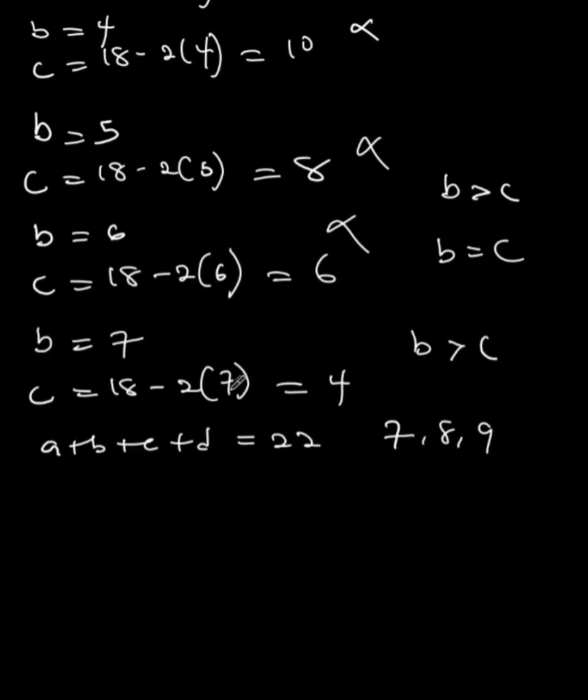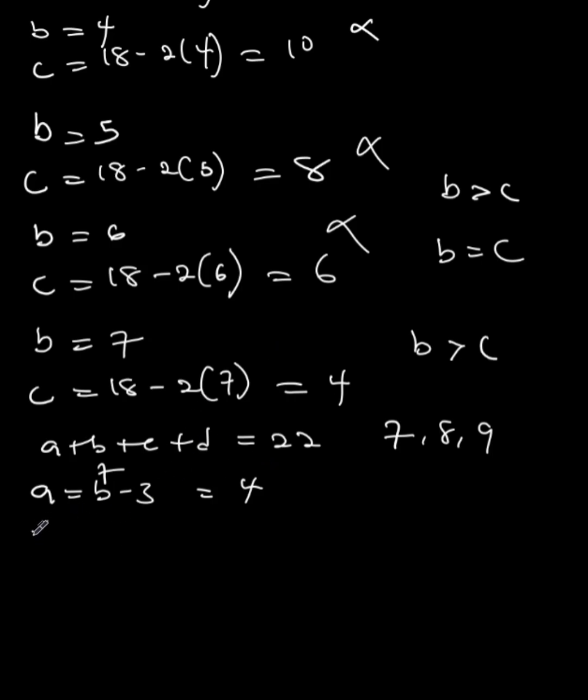So let's assume B is 7 now. We know that A is B minus 3, which is 4, because 7 minus 3 is 4. So if we assume B to be 7, then C will be 4, and A will also be 4.